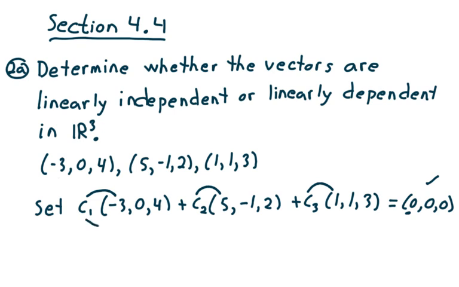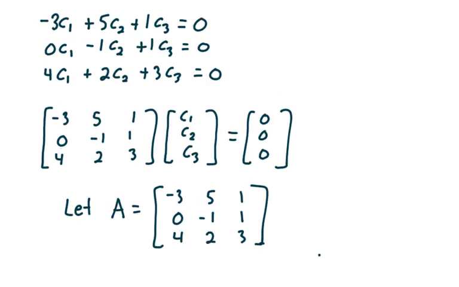I'm going to take C1 times 0 plus C2 times -1 plus C3 times 1, and set it equal to the second component of 0. And then I take C1 times 4 plus C2 times 2 plus C3 times 3 and set it equal to 0. So I'm equating components, in other words. And that's what I do here.